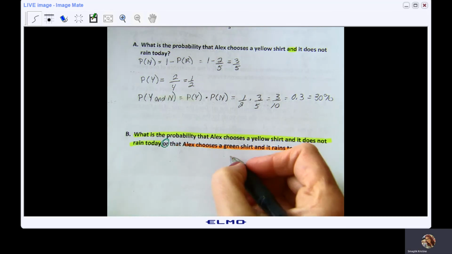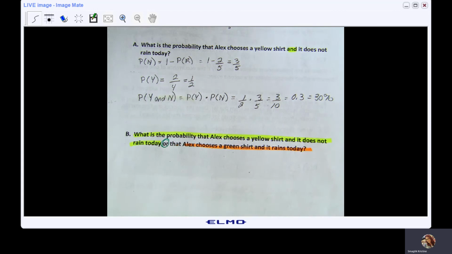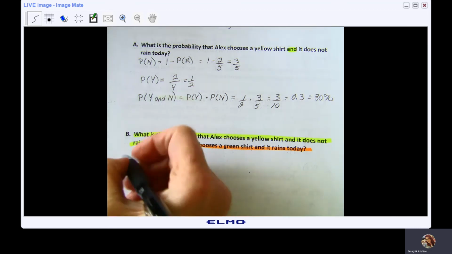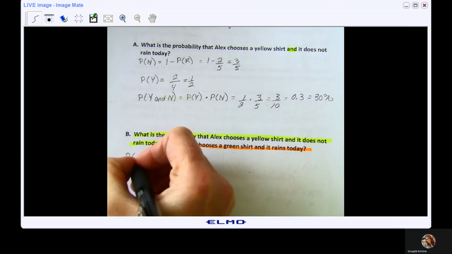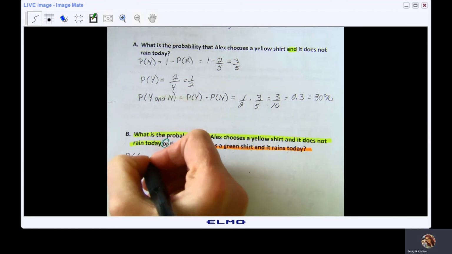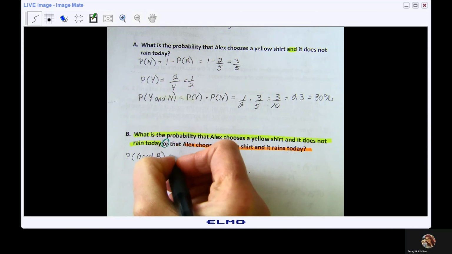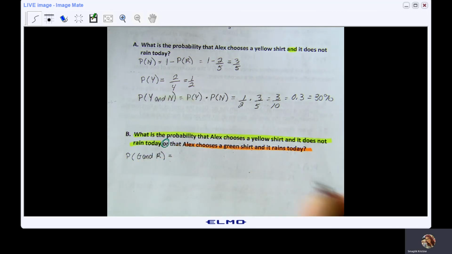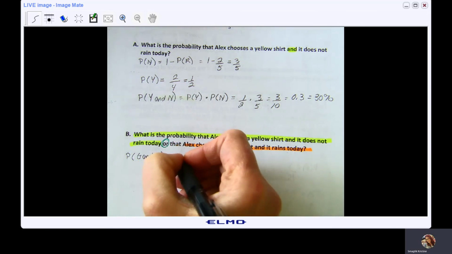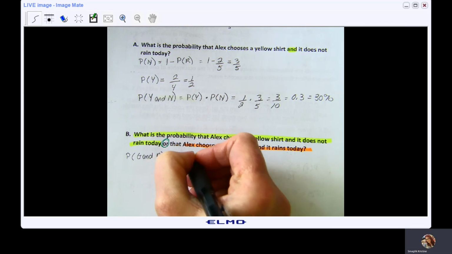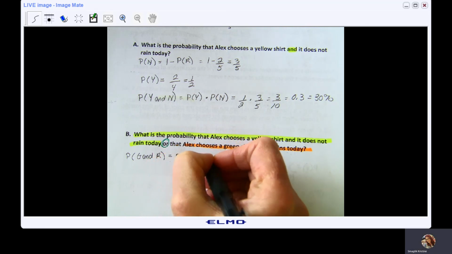So let's do this as, we'll call green shirt G, rains today is R. So the probability of G, green shirt, and it rains today. Okay, so these are independent events. So that is the probability of green shirt times the probability of rain.